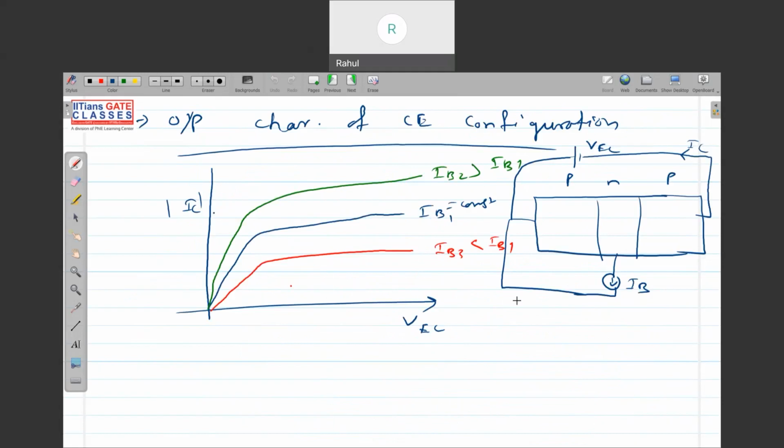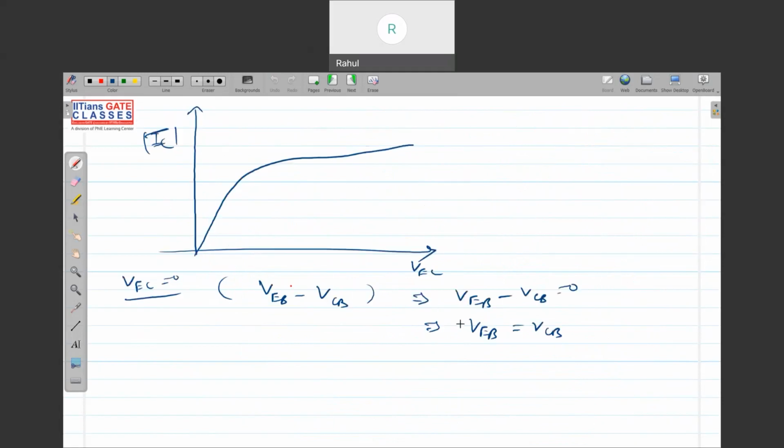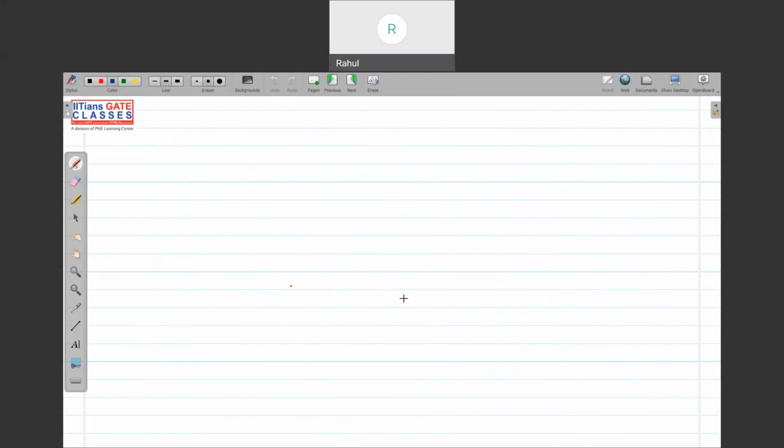What is the meaning of this? The emitter to base junction bias is VEB, and the collector to base bias is VCB. When VEB is equal to VCB, what will happen, that we will see. First point is VC is equal to 0, VEB is equal to VCB.